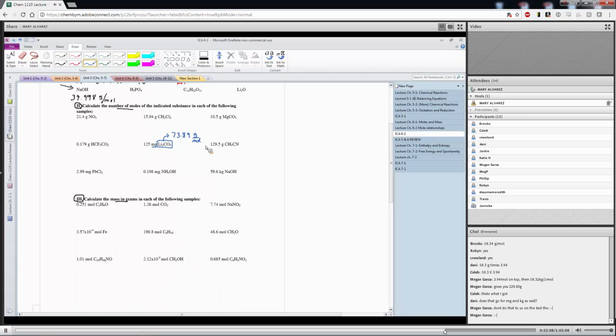Okay. Now, if I'm given milligrams and I want to get to moles, and I have a conversion between grams and moles, what should I do? Where should I start? There's kind of two directions I could come with this. I could either start with what I'm given, 125 milligrams, and try to get rid of that and get to moles, or I could start with the moles, because that's what I want in the end, put that front and center and try to get rid of the grams.